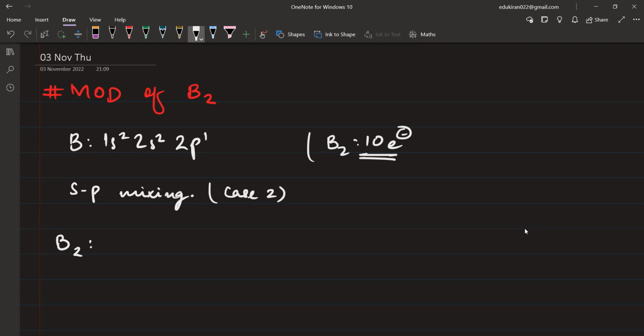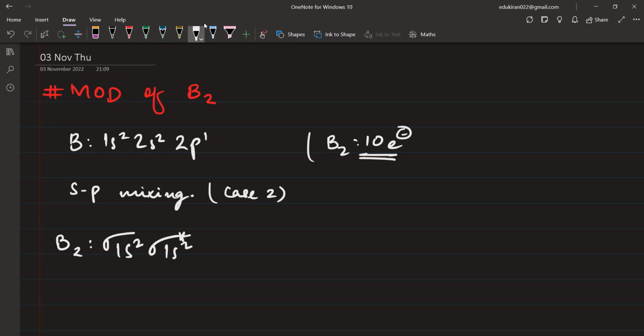So we are going to start with sigma 1s2. After that, sigma star 1s2.